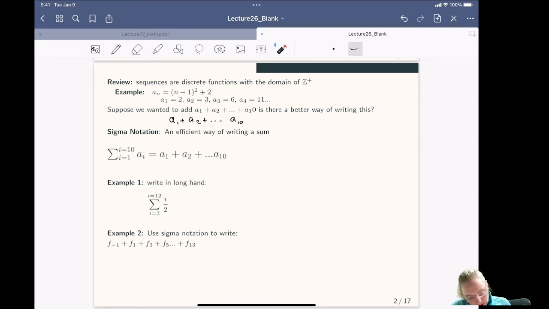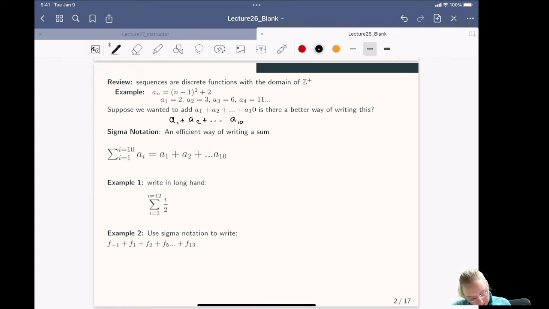In sigma notation, we write this large Greek letter sigma, and then we introduce an index. In this case, our index is i. So here, the sum from i equals 1 up to i equals 10 of some quantity a_i is equal to a1 plus a2 plus all the things up to plus a10. So we count from 1 to 10, and this sigma is a way of saying to sum all those things.